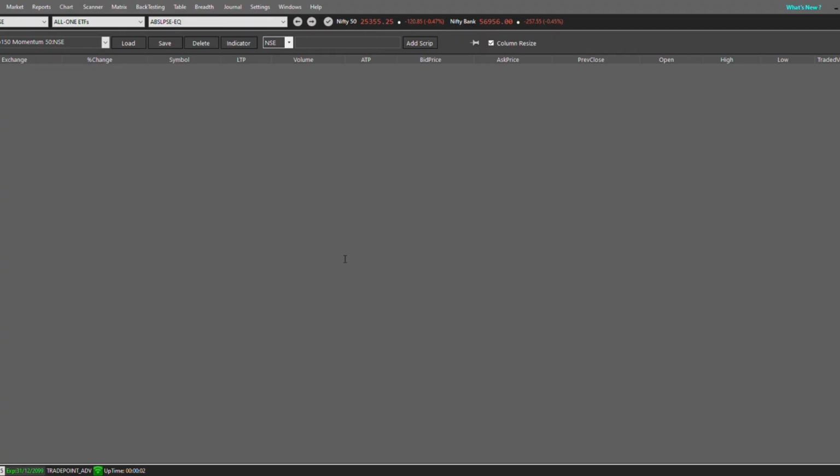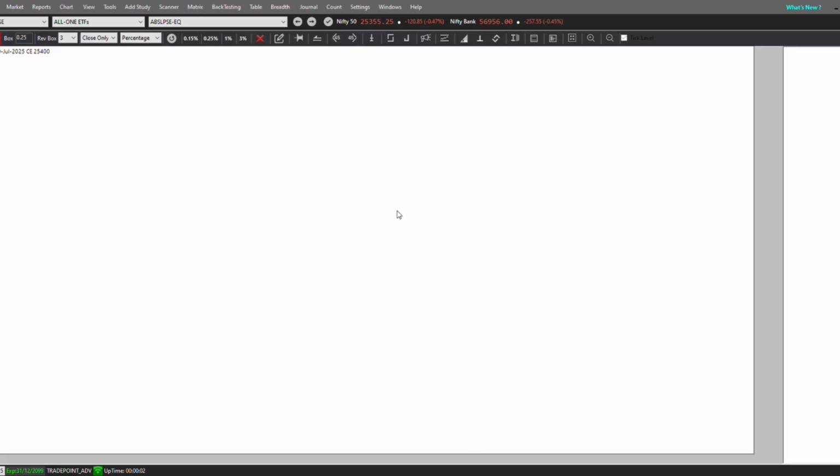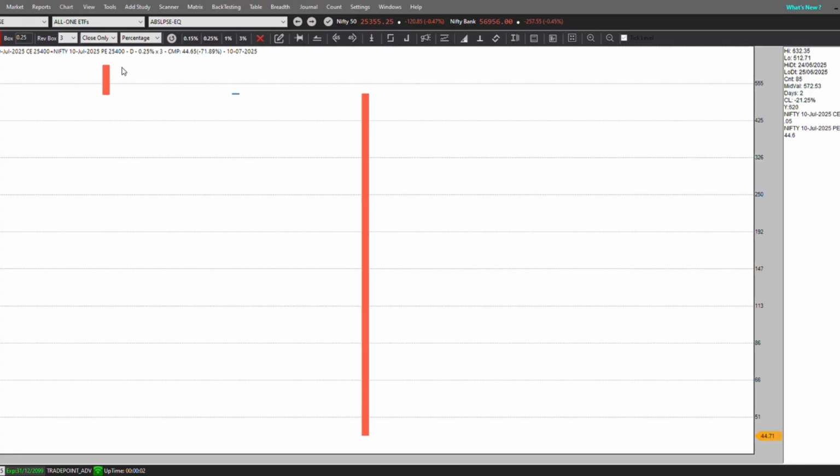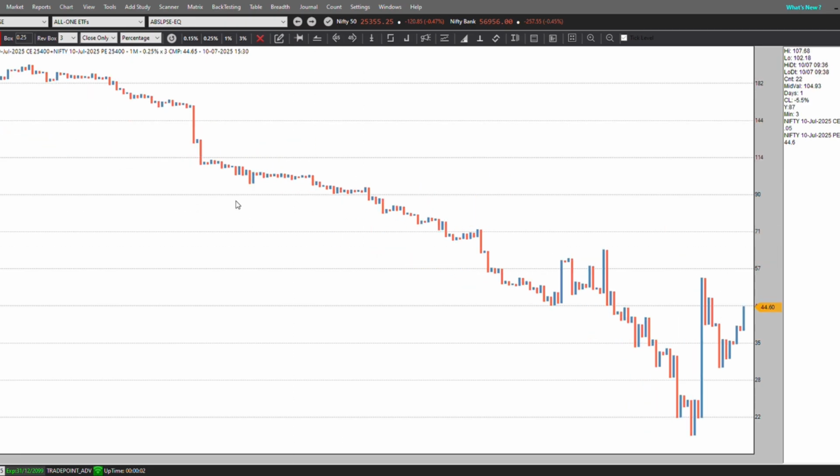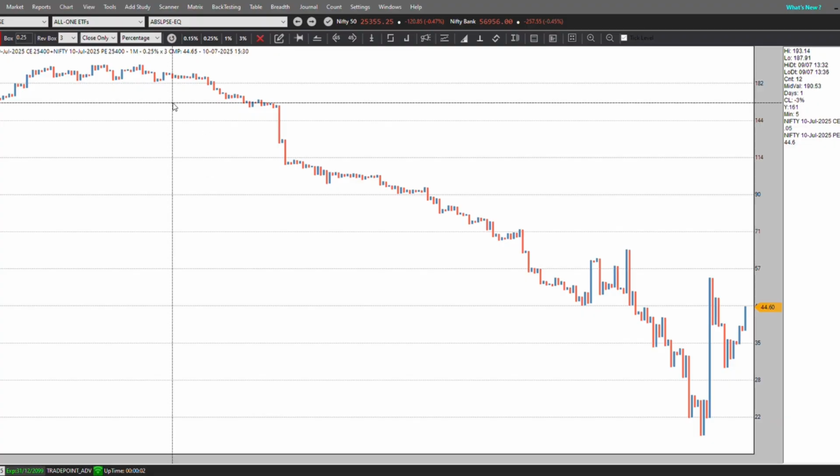We'll take this in percentage, and the reversal of this box size will be 3, for options. We'll open this chart at 1 minute time frame. So this was the chart of the 25,400 call and put straddle.